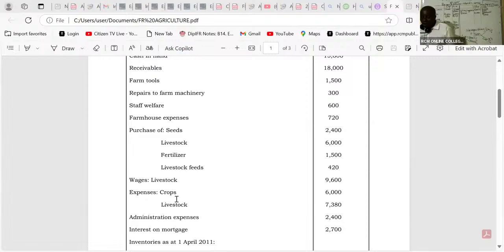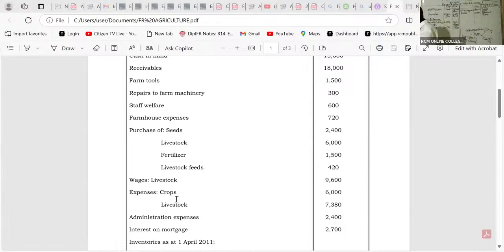So these are what we call common expenses, what in management accounting you call overheads. Those cannot come to revenue accounts, because in revenue accounts we normally take crop-specific and livestock-specific expenses. Interest on mortgage cannot be charged to crops.